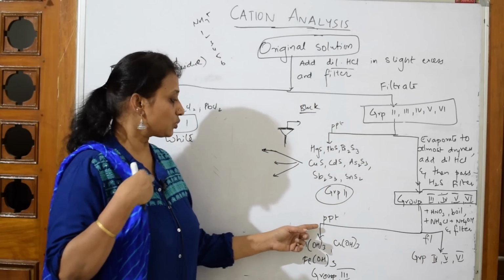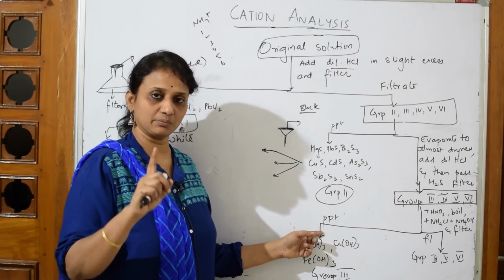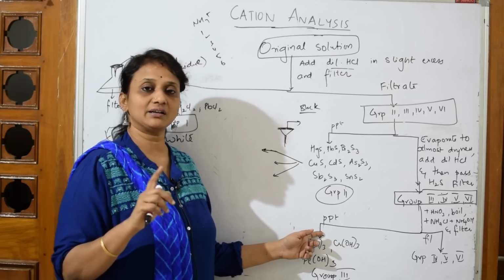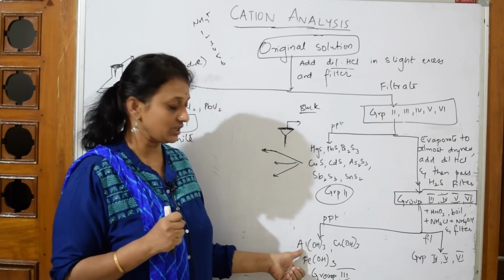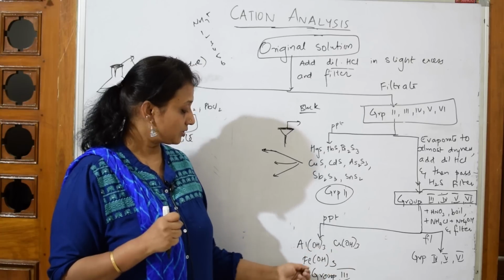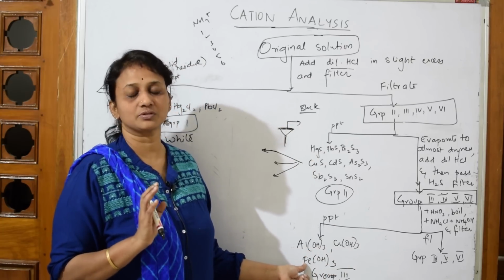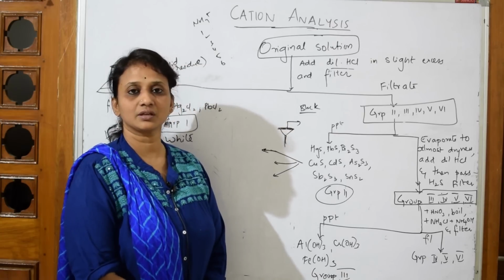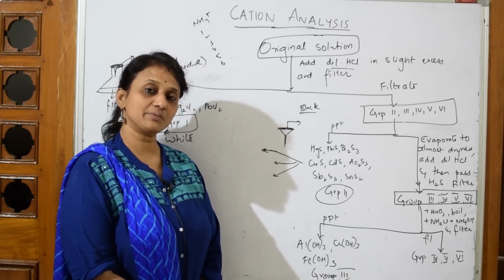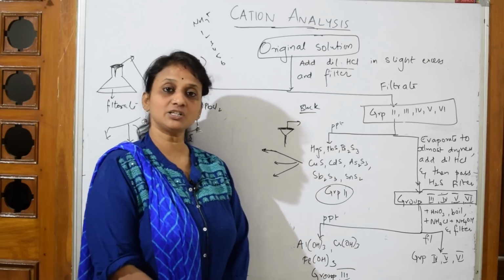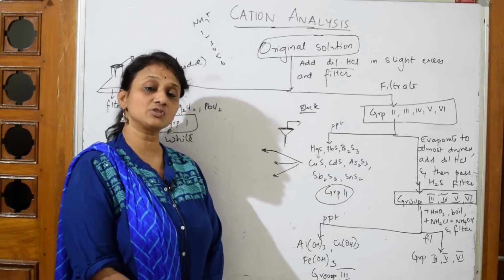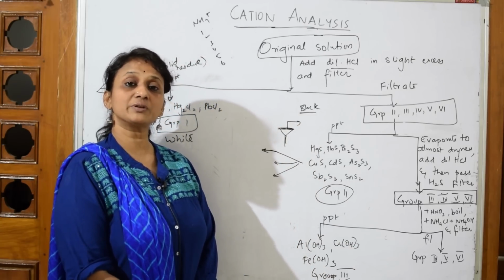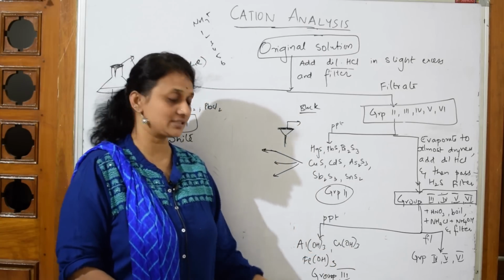The precipitate for group 3 might contain group 3 cations, aluminium, chromium, iron, most important. So group 3 cations are aluminium, chromium and iron. Right? Now the examiner will ask you, you have told the group 3 reagent. Now in group 3 cations, how do they precipitate? They are going to precipitate in the form of hydroxides.